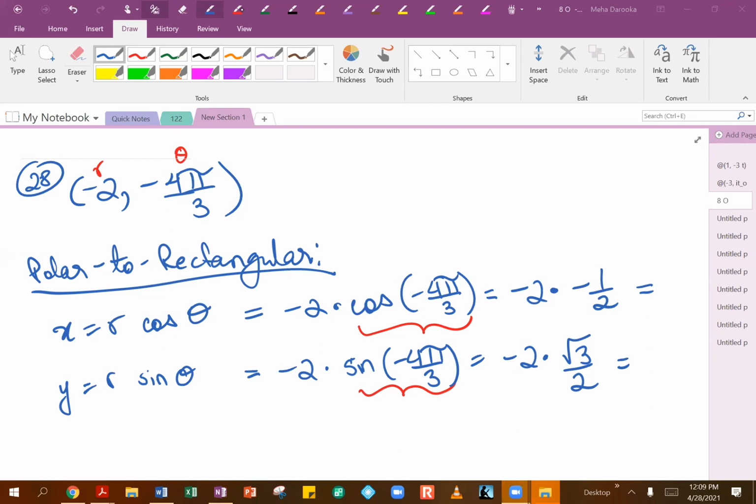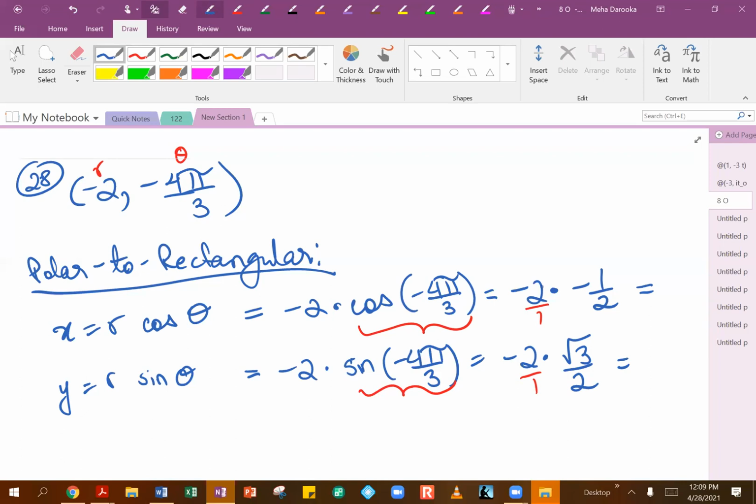And as always, if it helps, you can write this as over 1 to make it into a fraction. So what do you get for the x and what do you get for the y? Yeah, very nice, Abdul Aziz. Billy, very good.